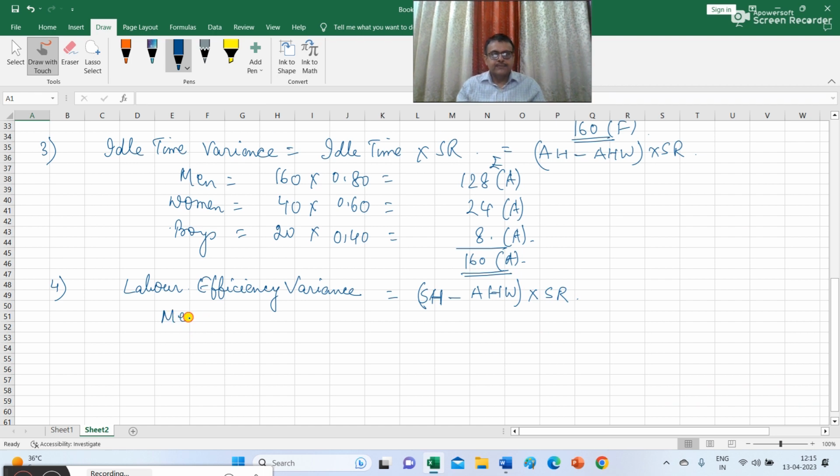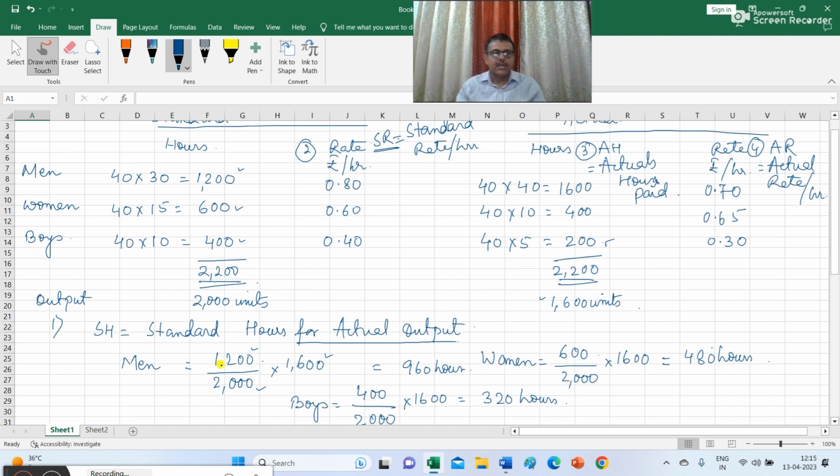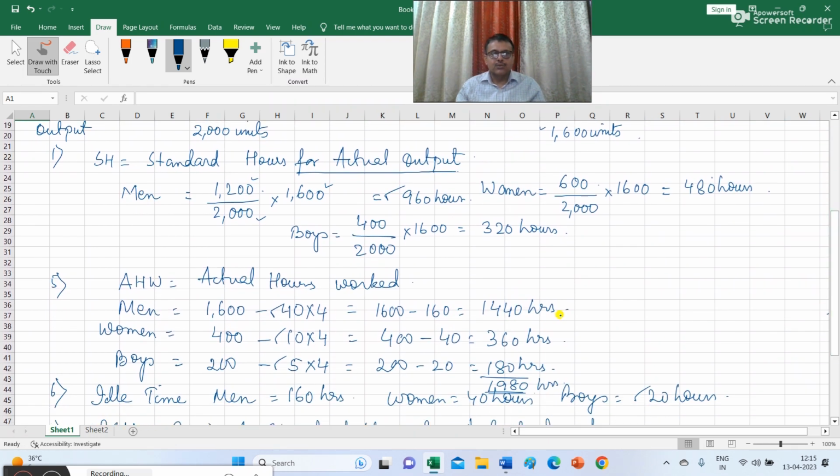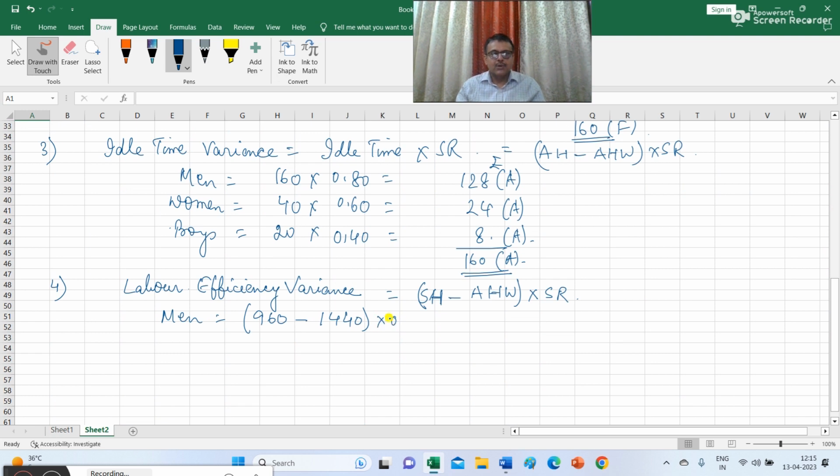Now for men, standard hour I have calculated as 960. Actual hours worked is 1440. In the workings, you can see standard hour of men is 960 and actual hours worked is 1440. Multiply this with 80 paise and you will get 384 adverse.